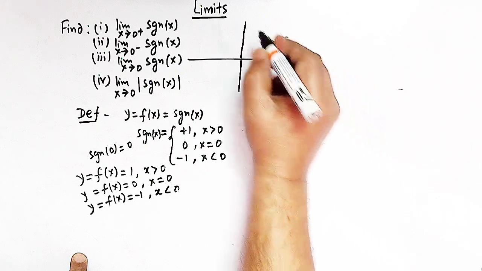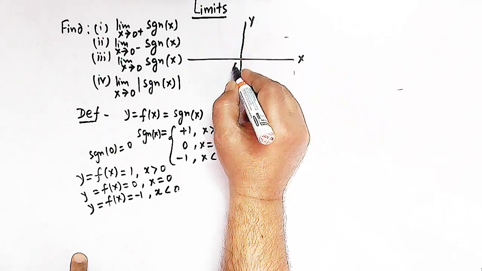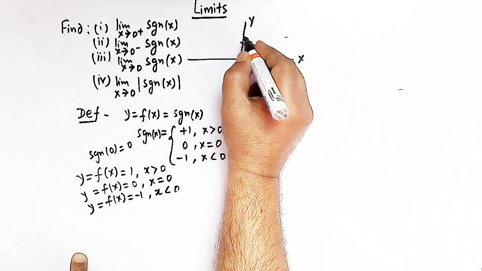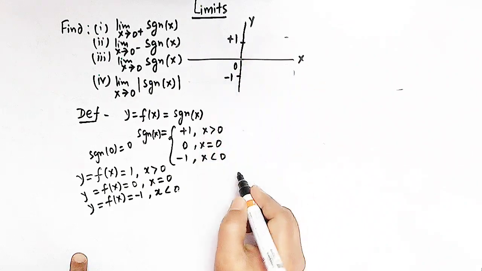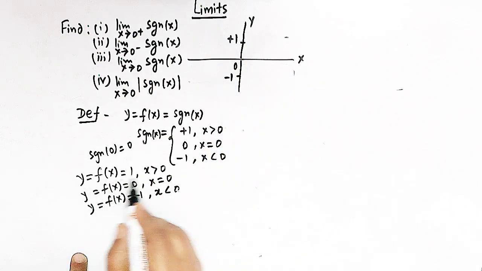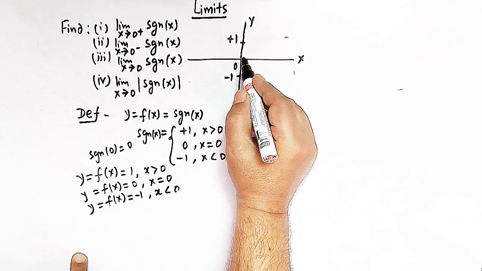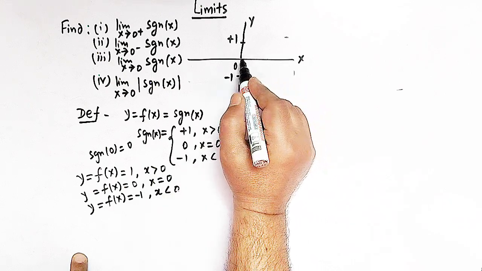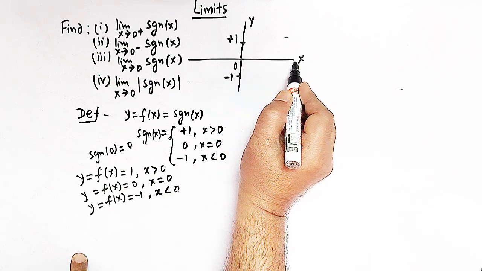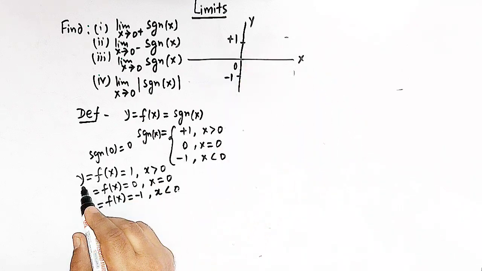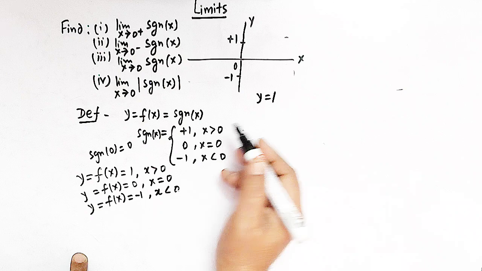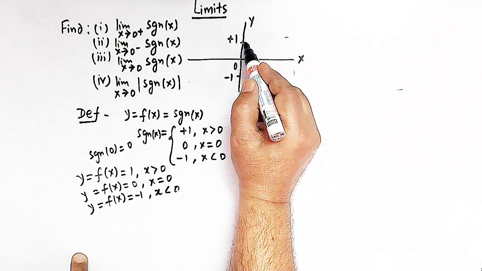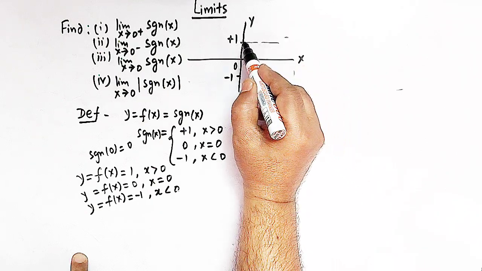So this is x-axis, this is y-axis, and here we have plus 1, and here we have minus 1, right? For x greater than 0, that is the positive x-axis, we have y is equal to 1. So y is equal to 1 is the line which is parallel to x-axis.